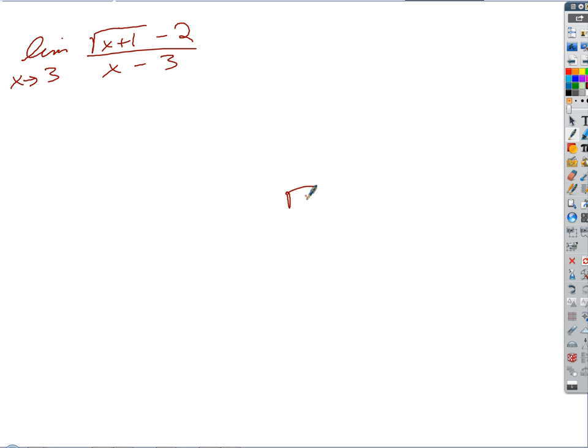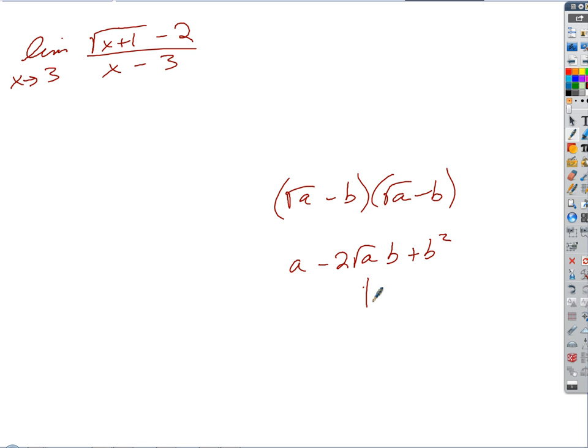If I have the square root of a minus b, and I multiply that by the square root of a minus b, some good stuff happens when I distribute, right? I'm going to get square root of a times square root of a is a. Oh, that looks promising. But then the cross products are bad. I'm going to get minus square root of a times b, minus square root of a times b, so plus b squared. See, I've still got that problem.